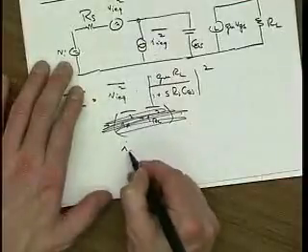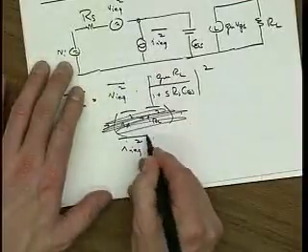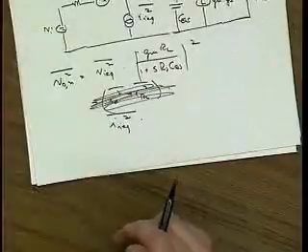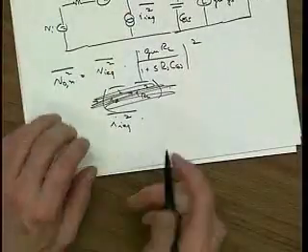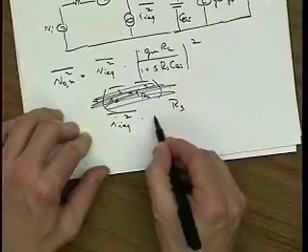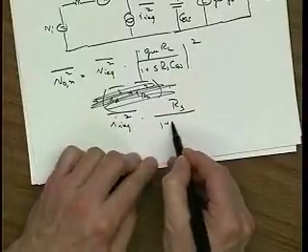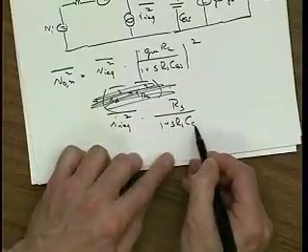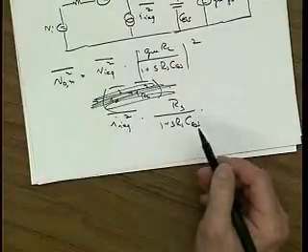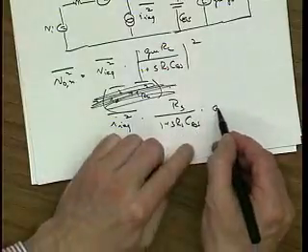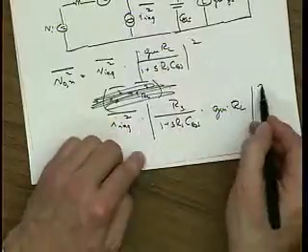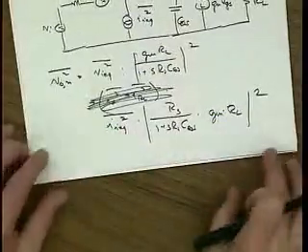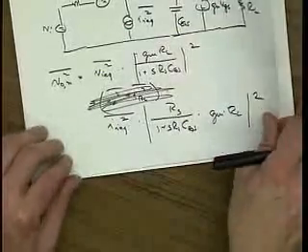My noise source now is IIEQ squared times the gain from here to the output, that's RS over 1 plus S RS CGS times then the gain of the circuit gm times RL squared. Okay. So that's the noise at the output, and I can simplify this a little bit.